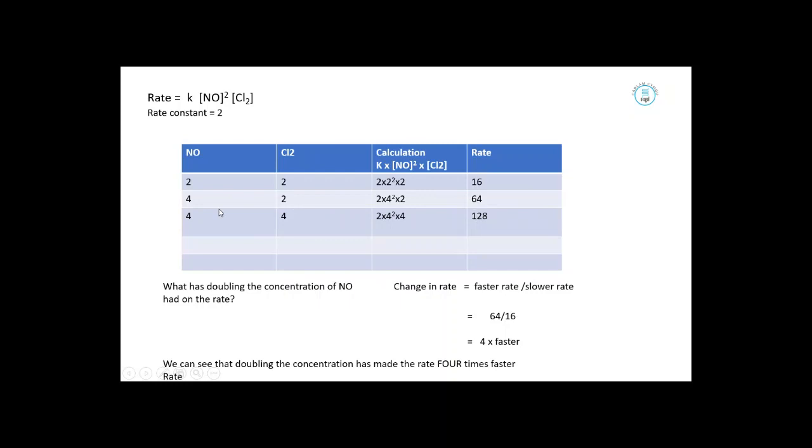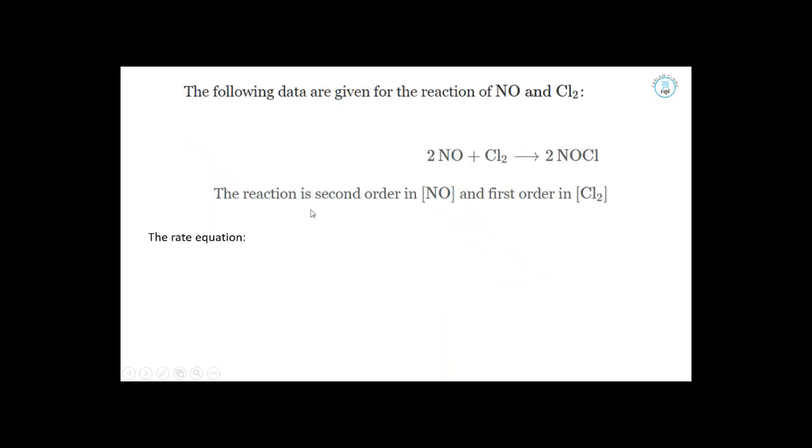So you can see here the NO's been kept the same, so that's not going to affect our rate. We've doubled our chlorine, the rate's doubled, and that tells us that the chlorine must be first order. So you can see the impacts of the indices value, especially when you're second order. You double something, it will go 4 times faster. Triple it, 9 times faster.